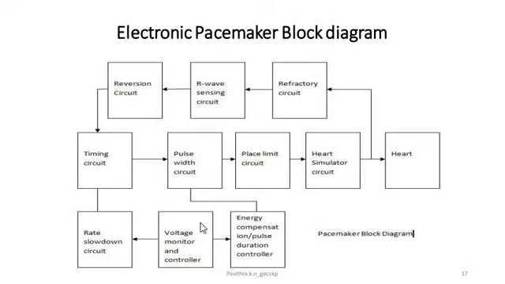As a result, the heart rate is decreased. How does it reduce the rate of the heart? By limiting the current to the basic timing network. It is connected to the timing circuit, so it can control the timing circuit by limiting the current provided to it.